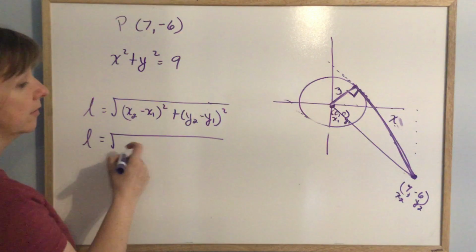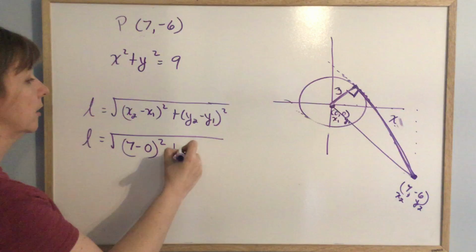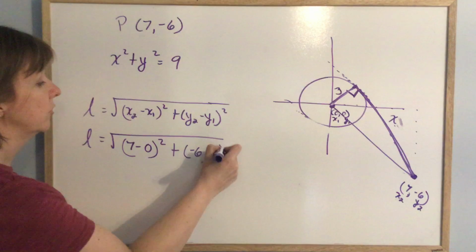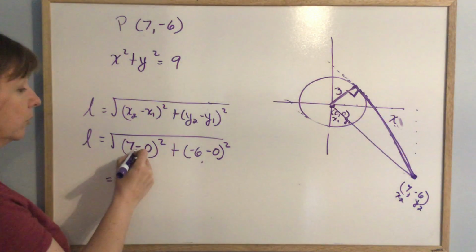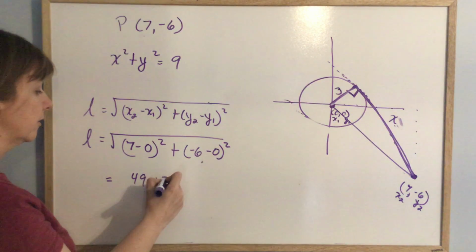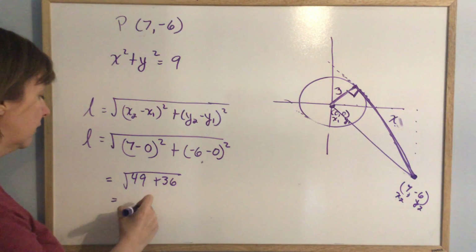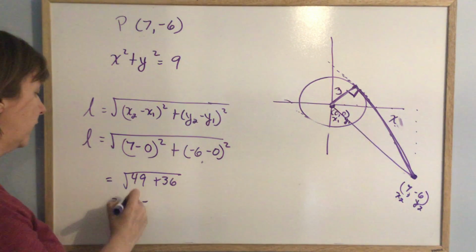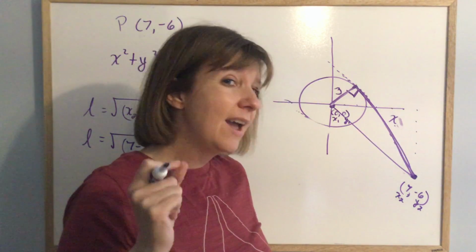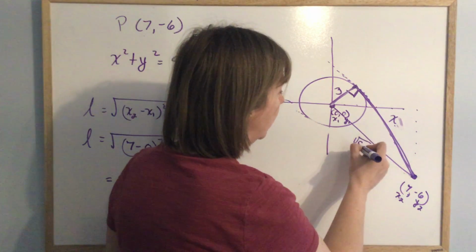I can do x2, which is 7, minus x1, which is 0, squared, plus y2, which is negative 6, minus y1, which is 0, squared. So that's 7 squared, which is 49, and 6 squared, which is 36. So this is the square root of 85. No need to figure that out in decimals, and you don't even need to simplify the radical. Just leave it. This is root 85.